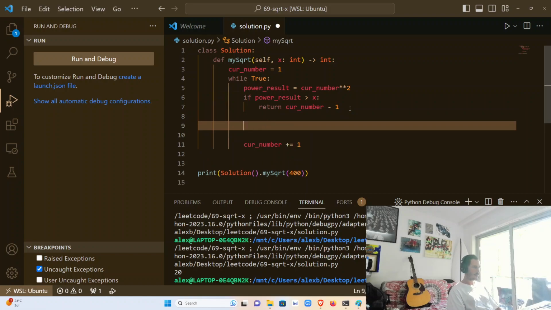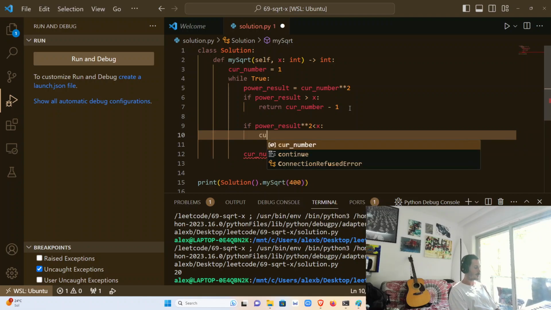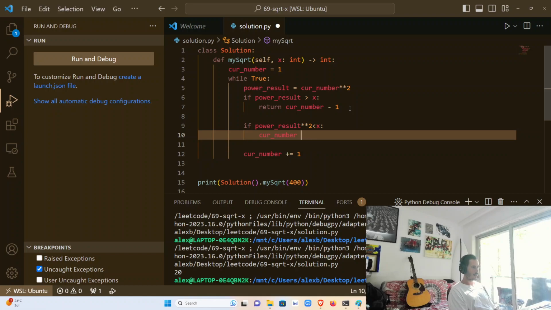So if this to the power of 2, and so I'm just skipping some ahead, is smaller than x, then I think we can go for current number is power result.